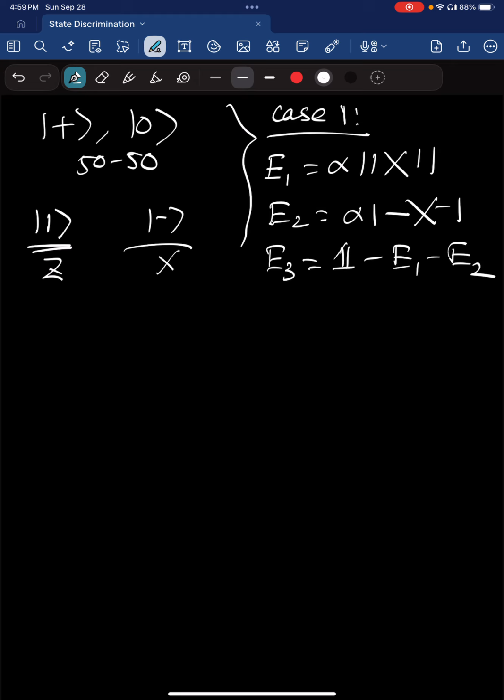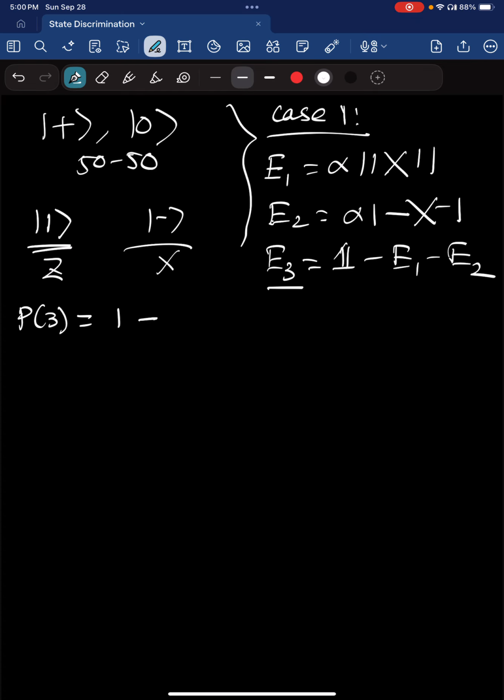Now the thing is, this E3 is the inconclusive outcome, and we of course want to minimize the probability of getting 3. So what is the probability of getting 3? This is basically 1 minus the probability of success. And what is the probability of success?